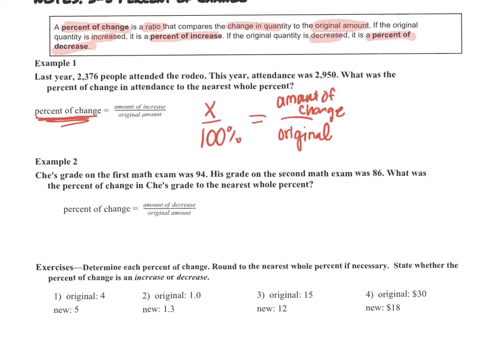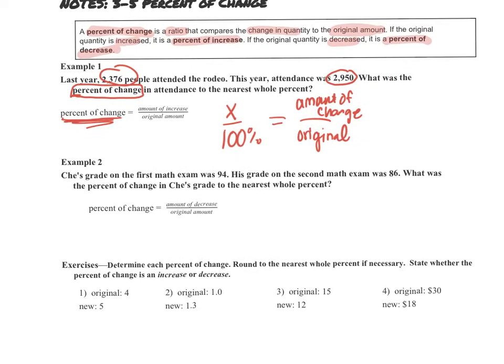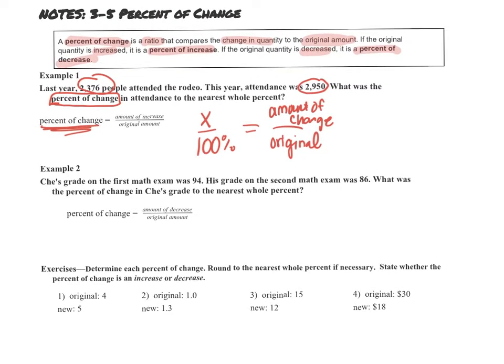For this first example, last year 2,376 people attended the rodeo. This year attendance was 2,950. We want to see what the percent of change in attendance was, to the nearest whole percent. First I want to find the amount of change, so I'm going to subtract to find the difference in those two populations.